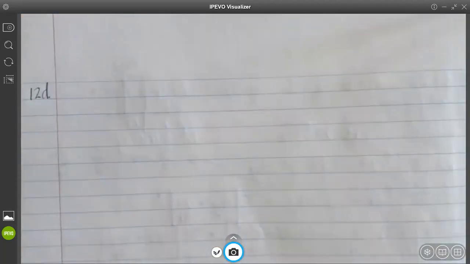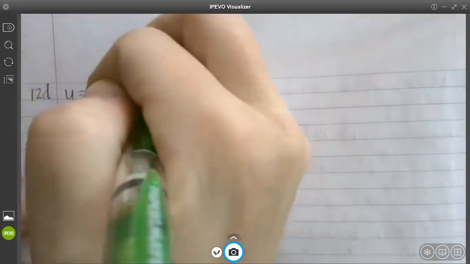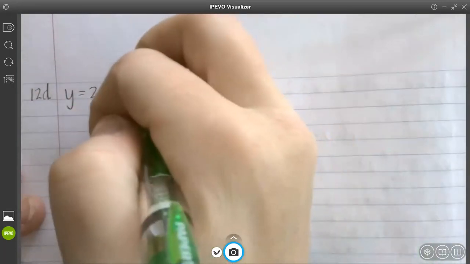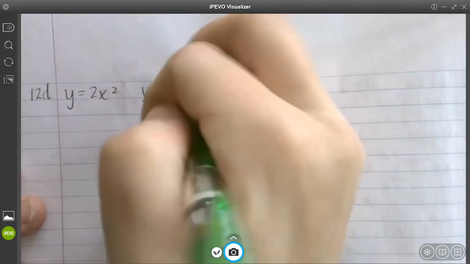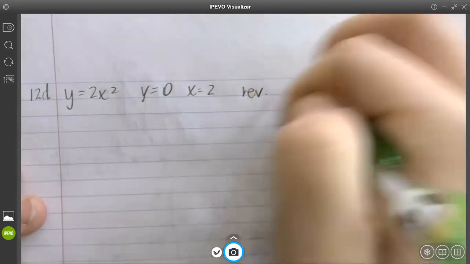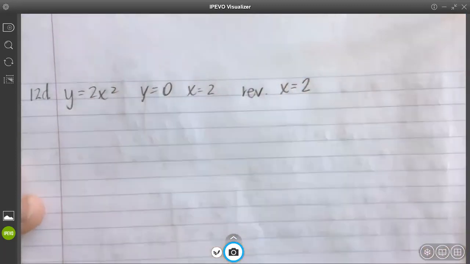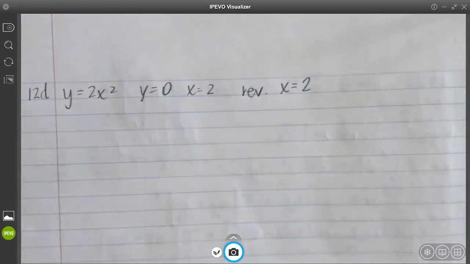All right, 12D. What does 12D say? Y equals 2x squared and x equals 2, and we're revolving around x equals 2.